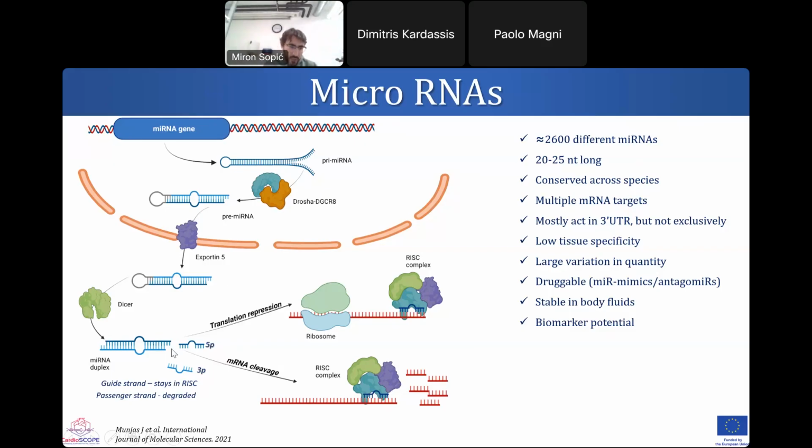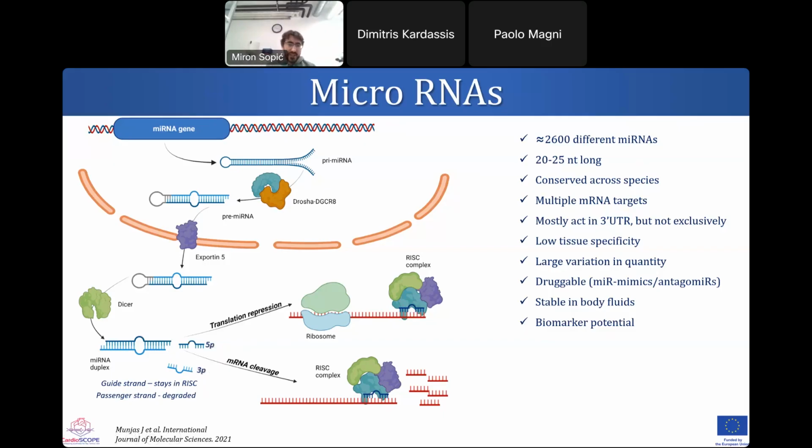Now, I forgot to mention that within this duplex, you have two parts. One part is called 5P and the other one is called 3P, or 5P arm and 3P arm. And only one of those will end up being in the RISC complex. The other one is going to be released from the RISC complex and is going to be destroyed.